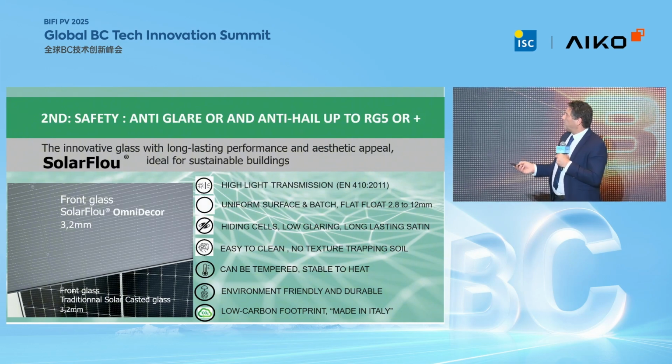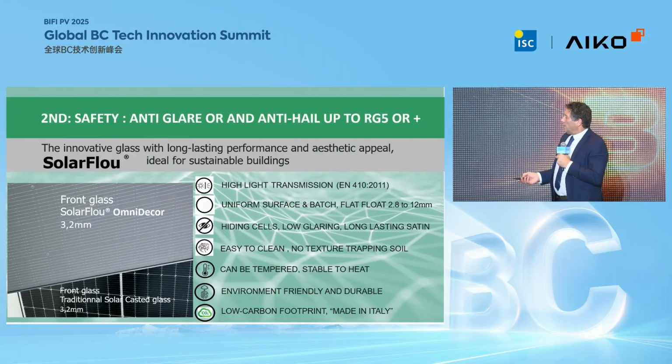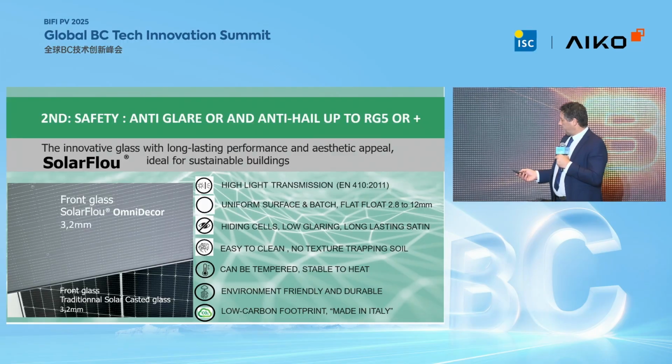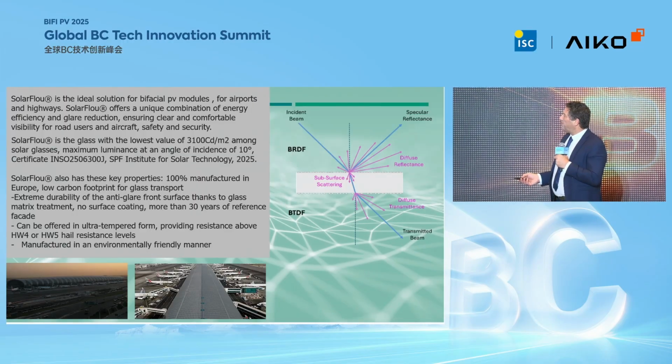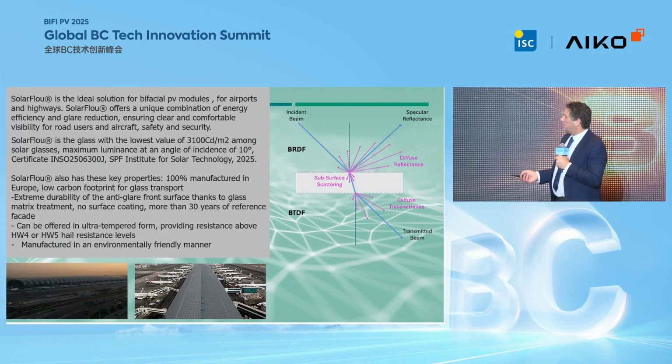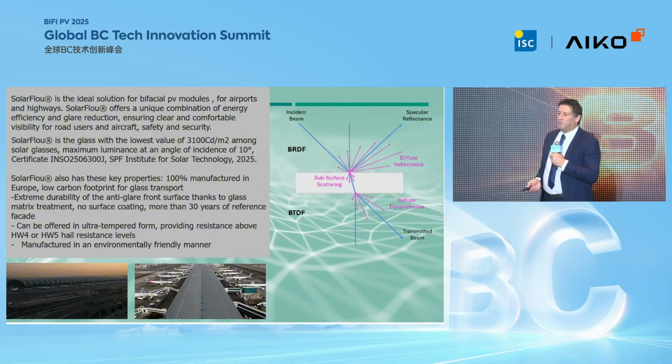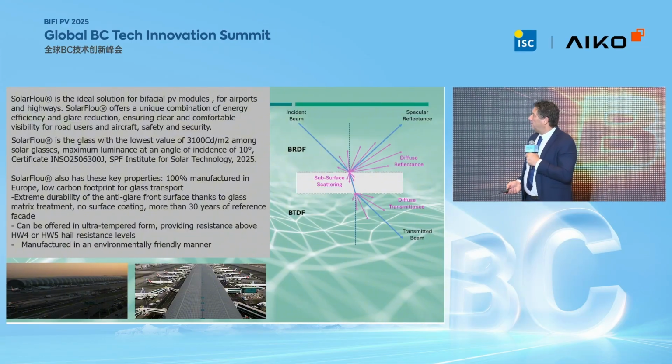And we have developed a product which is textured glass, allowing very good performance, and it is used mainly in the airport, where you see we are texturing both faces of the glass.